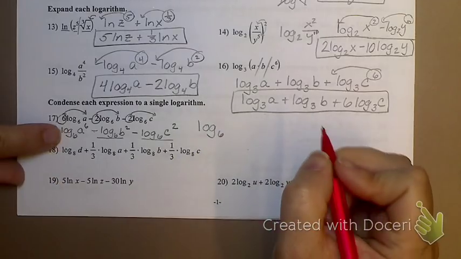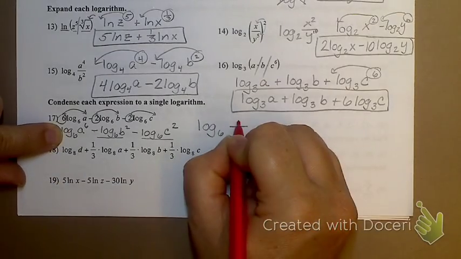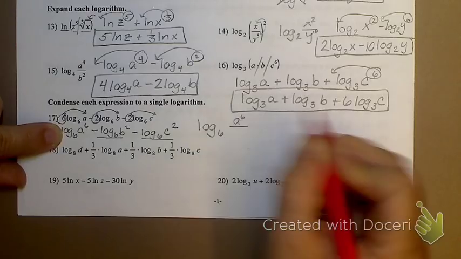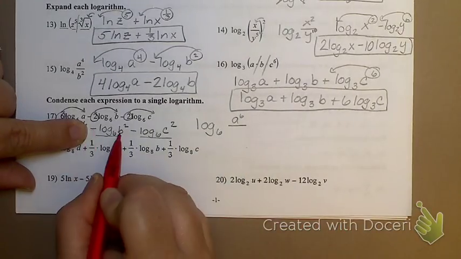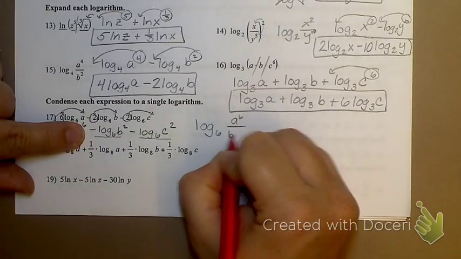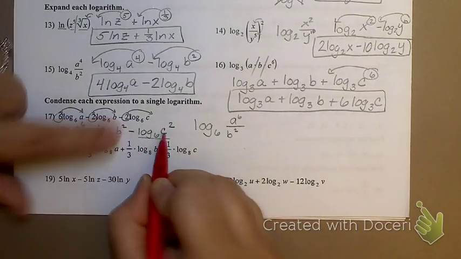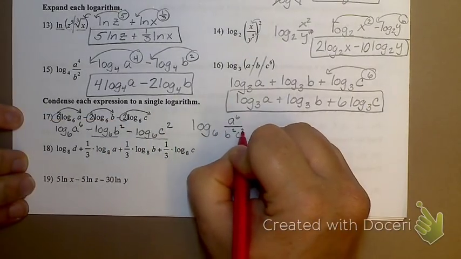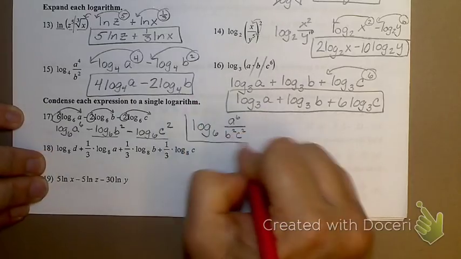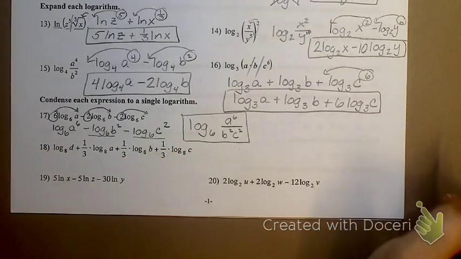Where's the A to the 6th going to go? On the top because it's before the subtraction sign. After a subtraction sign is going to give me B squared on the bottom. Also after a subtraction sign gives me C squared on the bottom. Make sense? Okay.